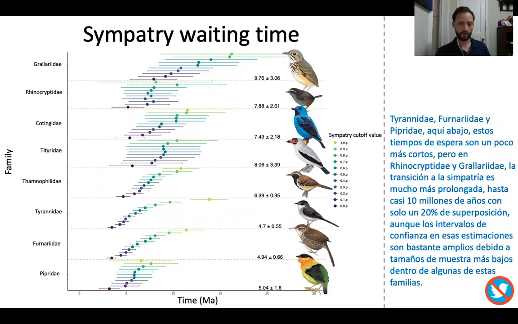In the Tyrannidae and Furnariidae and the Pipridae down here at the bottom, these waiting times are a bit shorter. But in the Rhinocryptidae and the Grallariidae here at the top, the transition to sympatry is much more protracted, up to almost 10 million years, even at just the 20% range overlap threshold. Although it's worth noting that the confidence intervals on those estimates are quite broad due to lower sample sizes in some of those families.